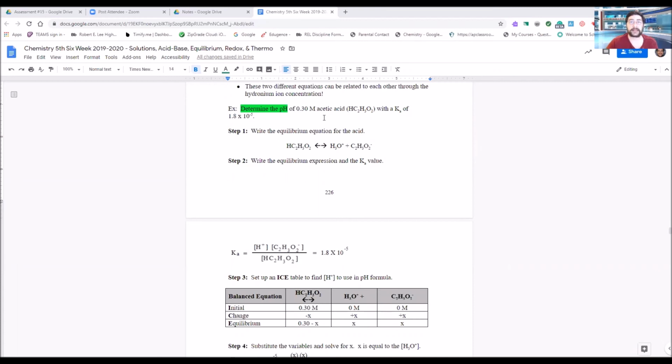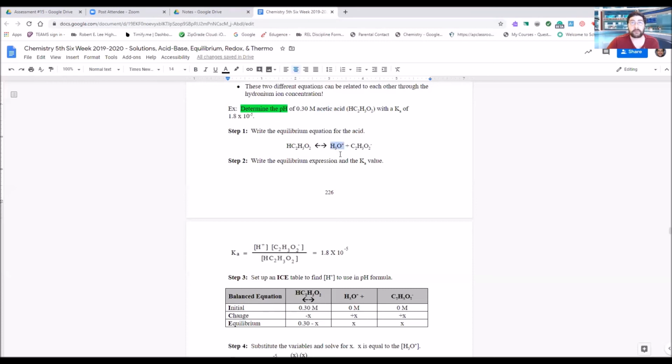So they won't completely separate into ions, and so we set up an equilibrium reaction where we can have one side favored over the other. And in our case, that means that some of the original acid is going to remain in solution, and then we're also going to create some hydronium ions in solution as well.